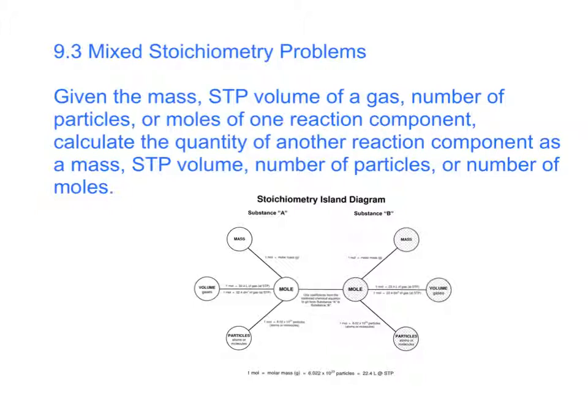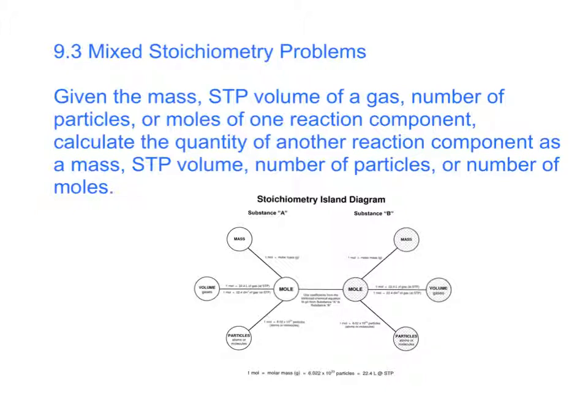And then you can be asked to calculate the quantity of something else as a mass, a volume, or number of particles or number of moles. So basically, starting anywhere on the left side of the mole map, figure out how to get to anywhere on the right side of the mole map.